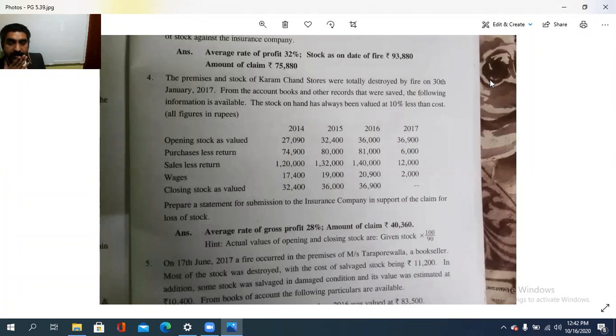So before that, we need to calculate the amount of gross profit and also the closing stock, isn't it? For that we need to calculate the gross profit ratio for these years. So firstly, how much it is? Opening stock, that is for 2014, 2015, 2016.